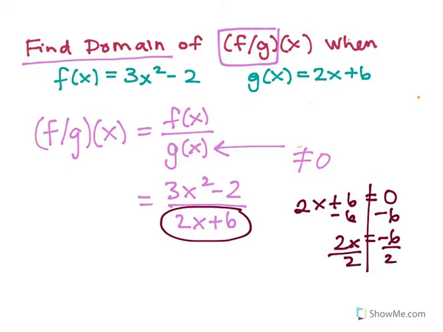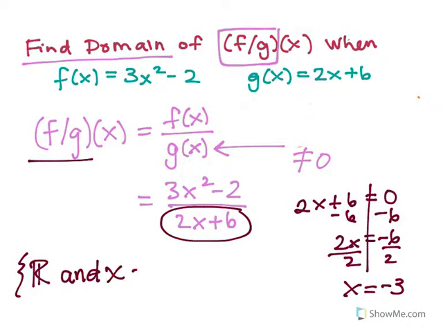And then divide both sides by 2. x equals negative 3. When x equals negative 3, this function is not true. So my domain is real numbers, and x does not equal negative 3. Because that's when this denominator will equal 0.